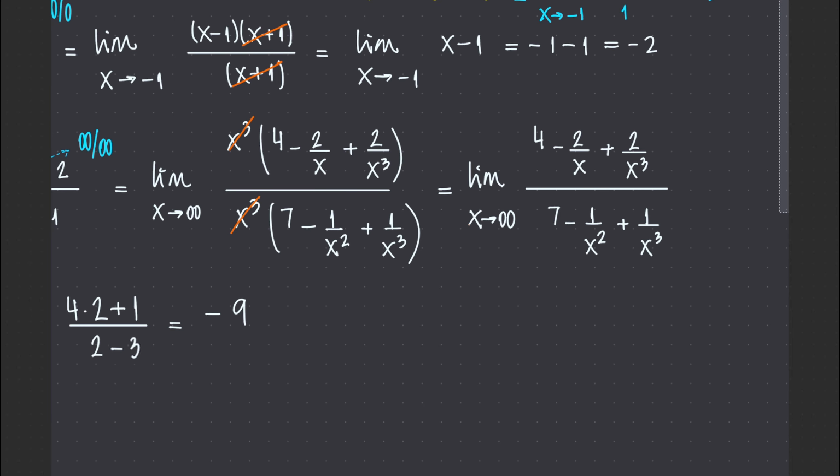And by noticing that as x approaches infinity, all these four terms will approach zero, given that we're dividing a constant by x or by x squared or by x cubed, which is a gigantic number. The only thing that we're going to have left is 4 over 7. And there you go.